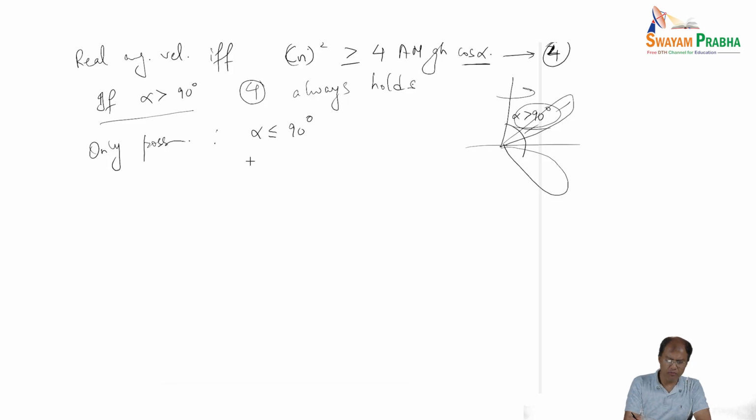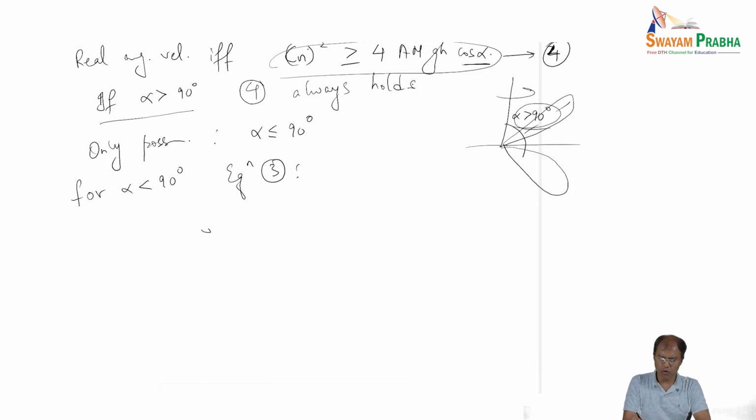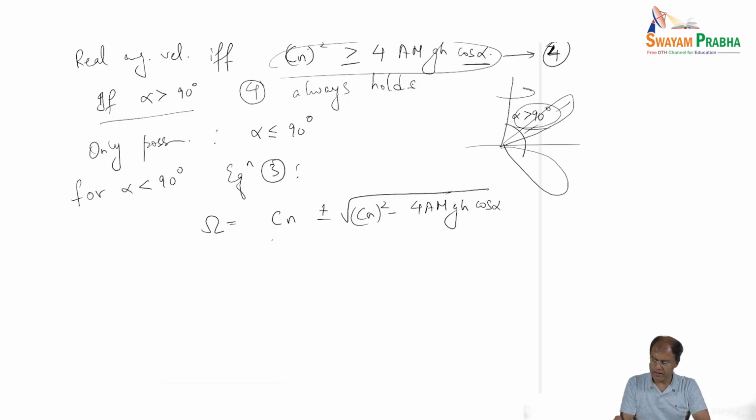So we wrap up our discussion to see what happens to equation number 3 when we have real roots. For alpha strictly less than 90 degrees, equation 3 is going to give us two roots. So omega will come out to be Cn plus or minus the square root of Cn whole squared minus 4amgh cos alpha, divided by 2a cos alpha.